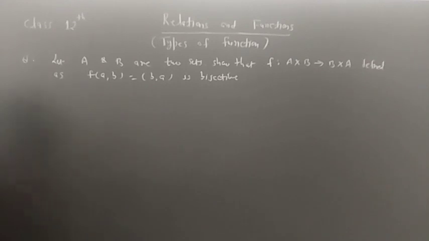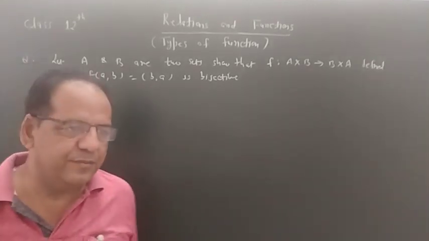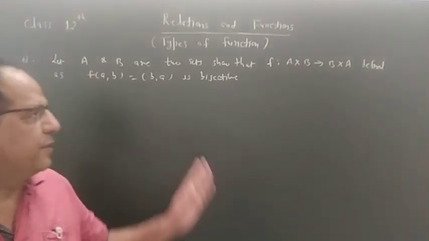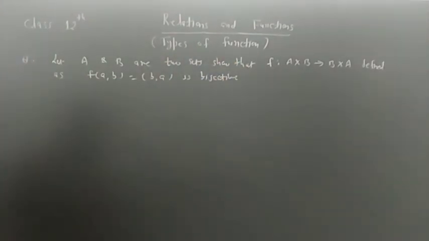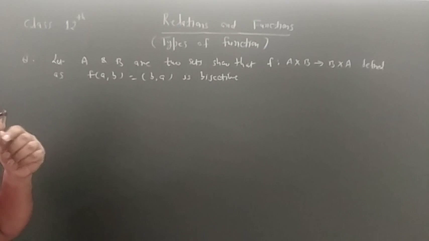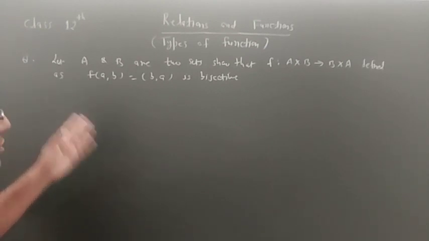Now I am taking one more problem based on types of function from the chapter relation and function from your NCERT book. In this question, the function is defined on sets.